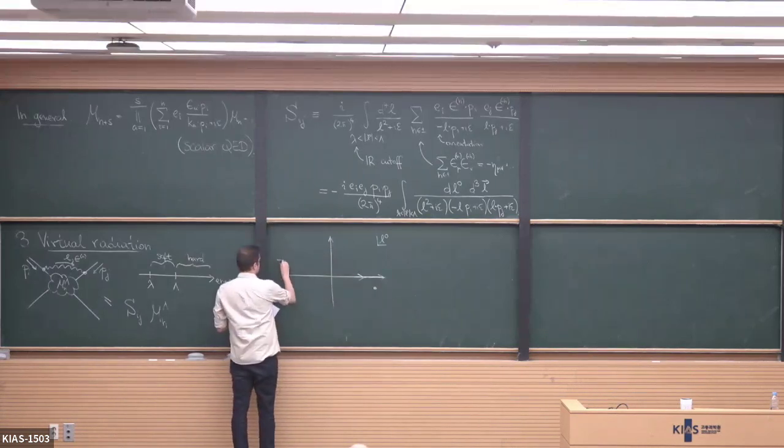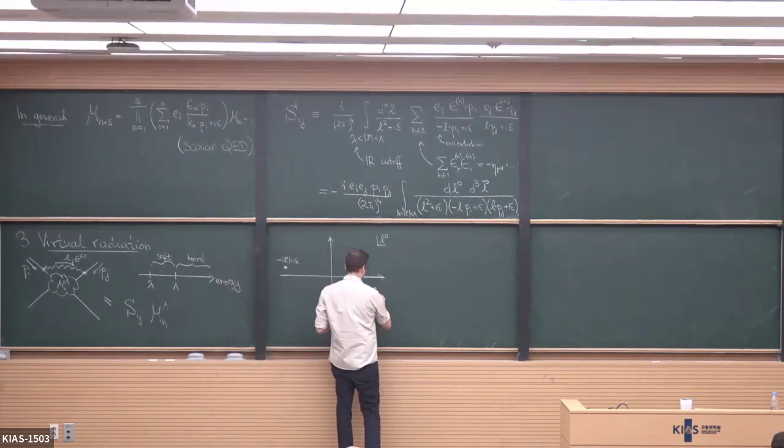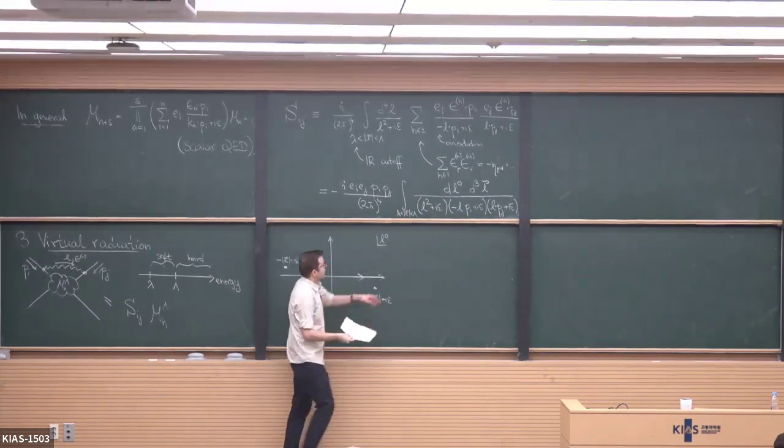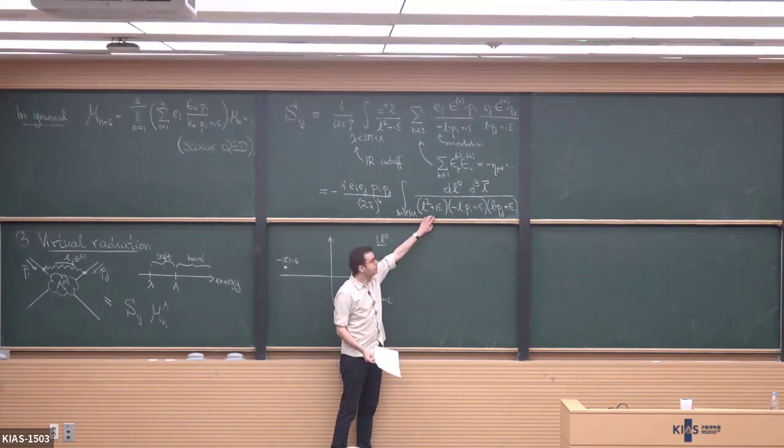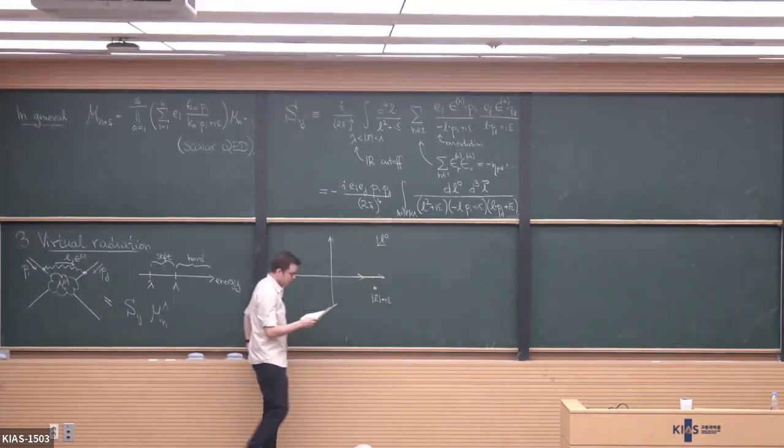As usual, there's going to be this pole in here and this pole in here that come from this factor. And now there's going to be one pole from here.